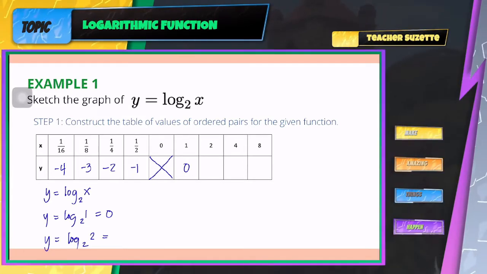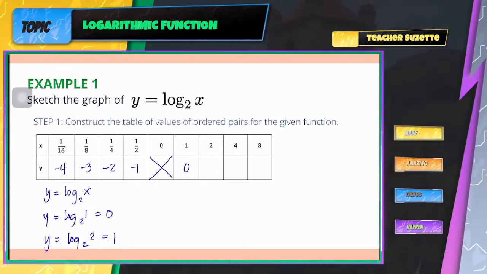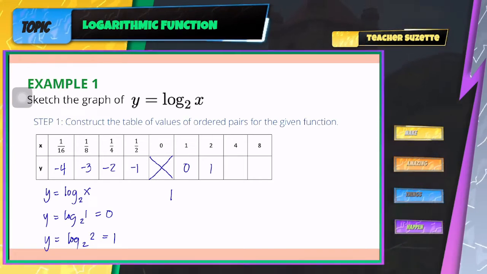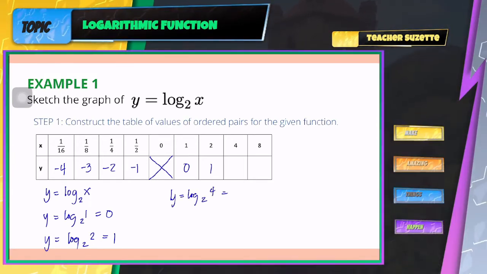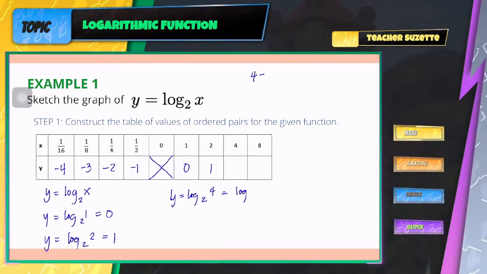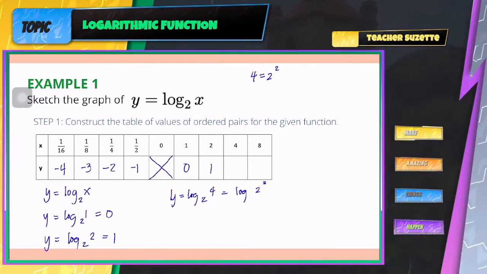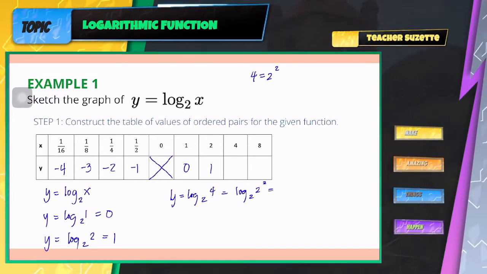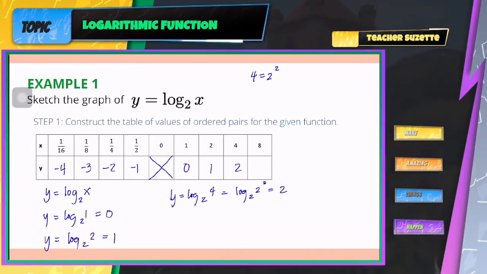Using the properties of logarithm, logarithm of 2 base 2 is equal to positive 1. Next, y is equal to the logarithm of 4 base 2, and 4 can be written as 2 raised to 2. So we will have logarithm of 2 raised to 2 base 2. So we will have y equal to positive 2.